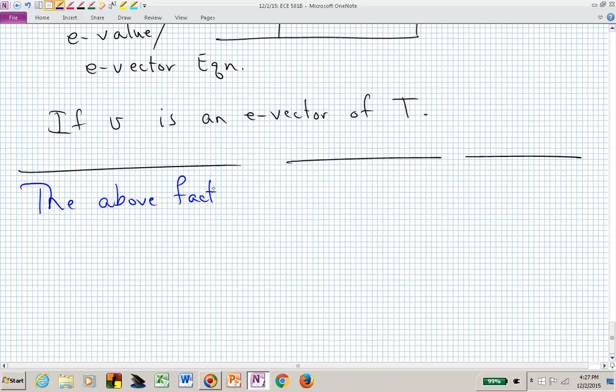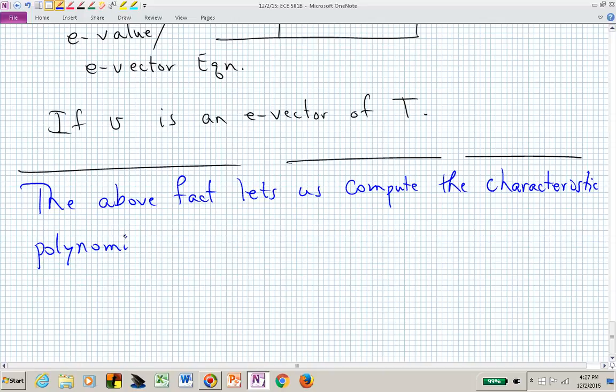The above fact lets us compute the characteristic polynomial of our linear operator t via the following theorem.